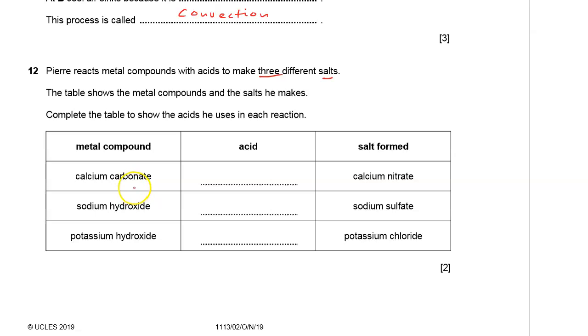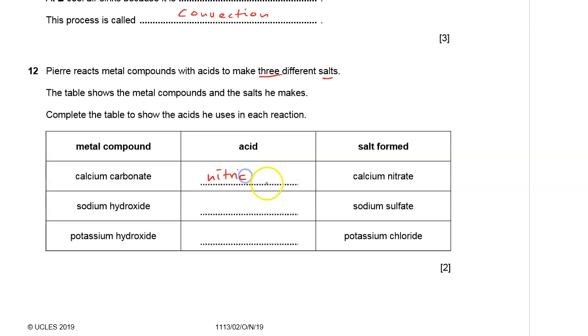The metal compound that he has is calcium carbonate, and he forms calcium nitrate. So to get calcium nitrate, he must have an acid that has got nitrate, and that acid should be nitric acid.